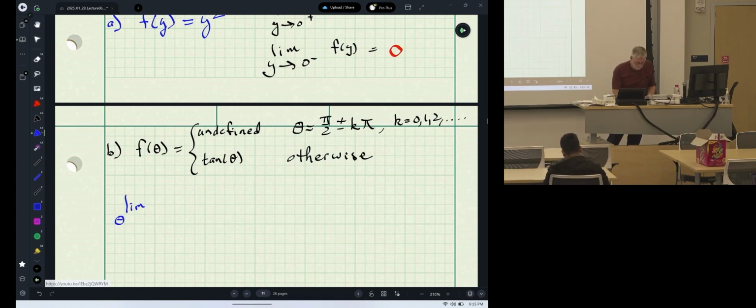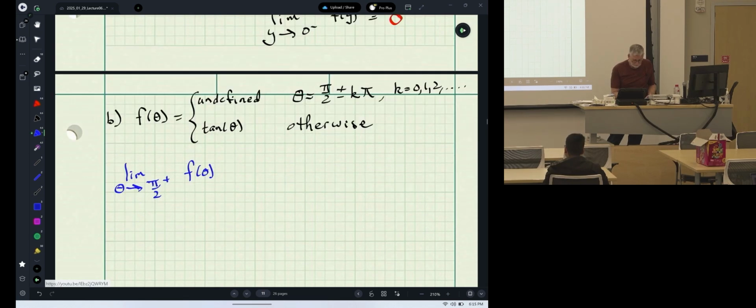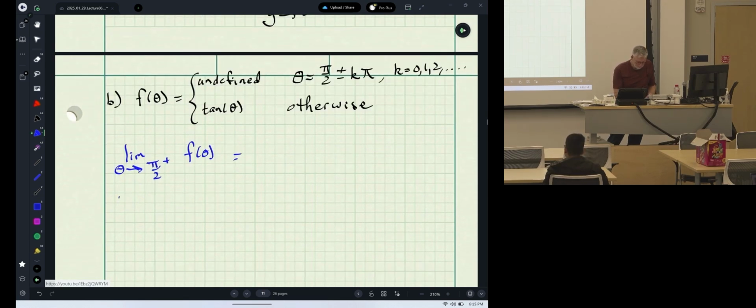So what's the limit as theta approaches pi over 2 from the right of f of theta, and what's the limit as theta approaches pi over 2 from the left?